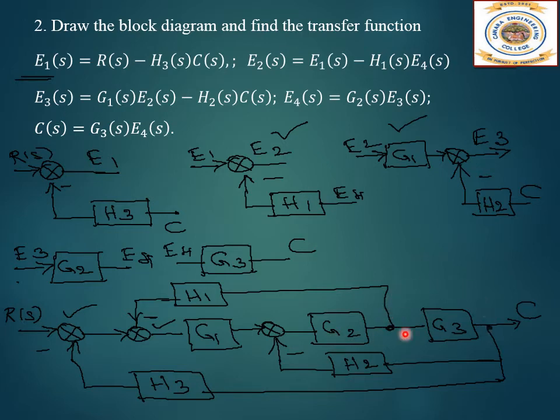Then what happens? G2, G3 will come in series and H2 will be the feedback. So this we can simplify. Then after that, this will vanish. So those two will come in series and H1 will be in feedback. Then we have one simple, this whole thing will be one block and H3 will be in feedback. So that is the way we have to simplify.